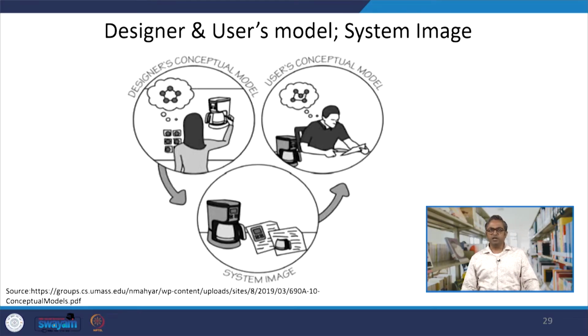The design of any control panel in a cockpit of an airplane, a control system of a naval ship, a control panel of a metro train or a car, they do have some visual components in them.